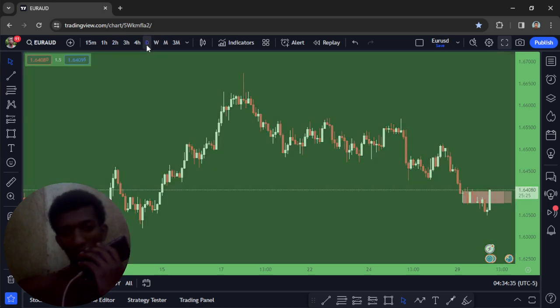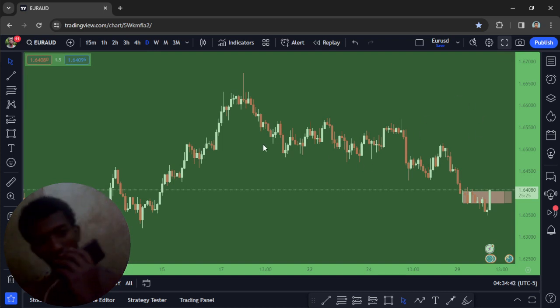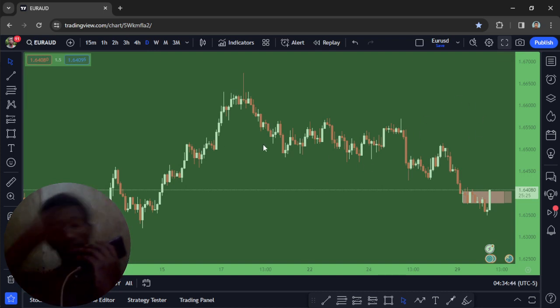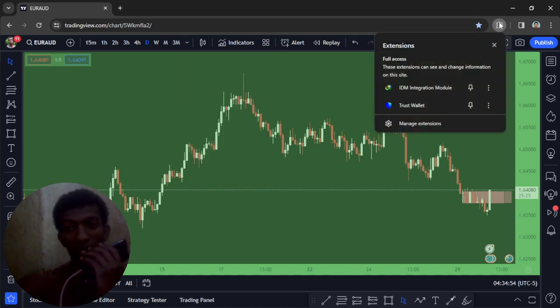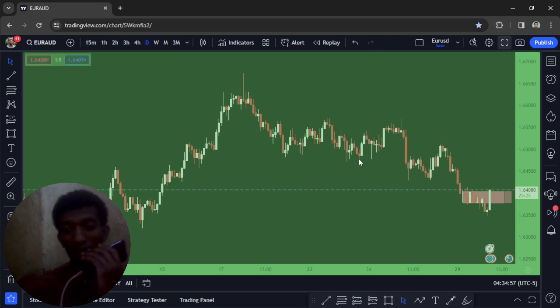On the daily time frame, you can see that Euro Aussie is consolidating inside this box, right? All of them have their own peculiar feature, but market structure is the same. The pattern they make is the same.